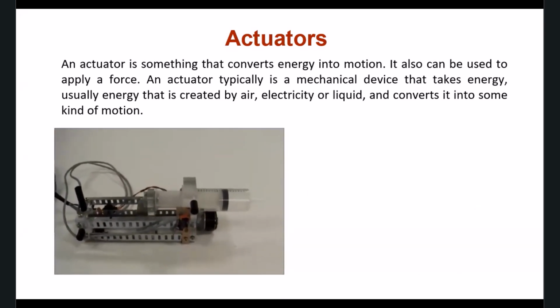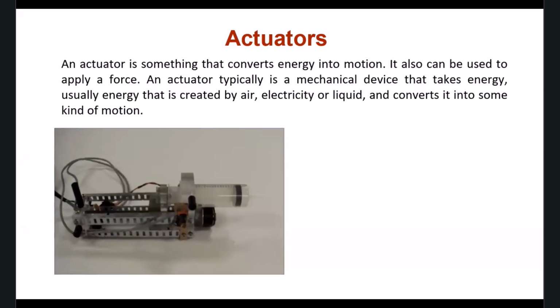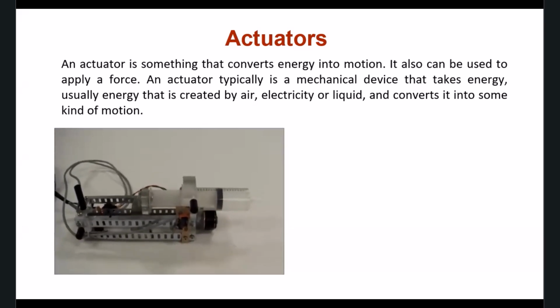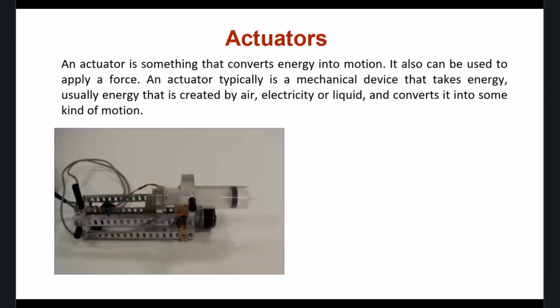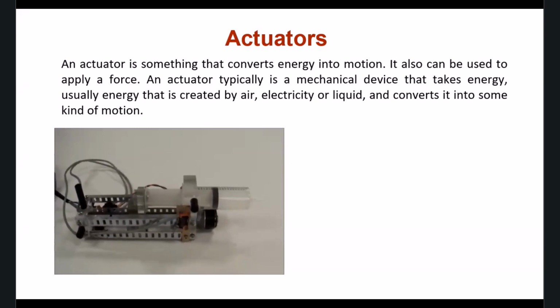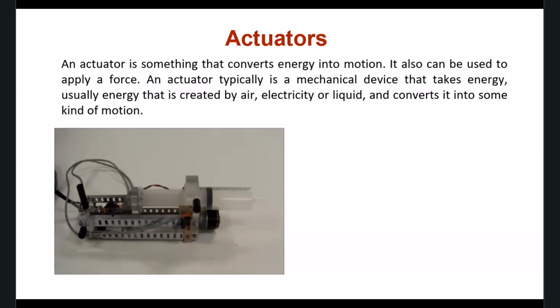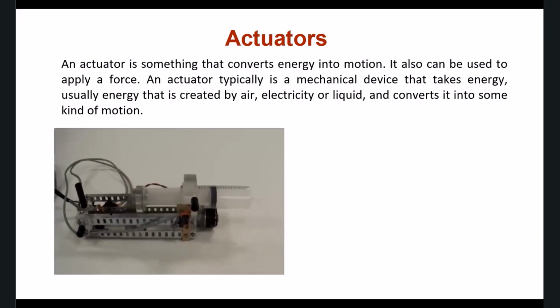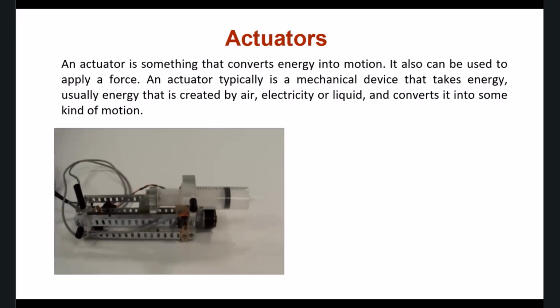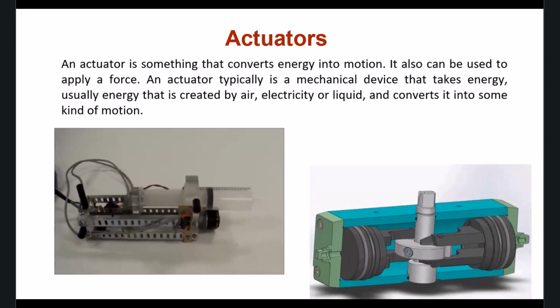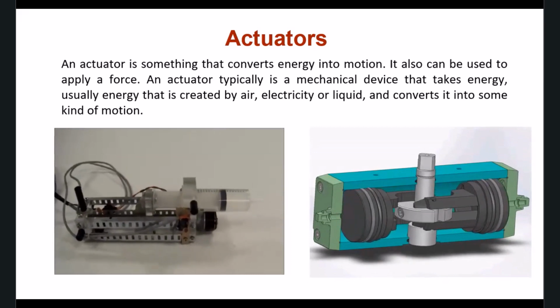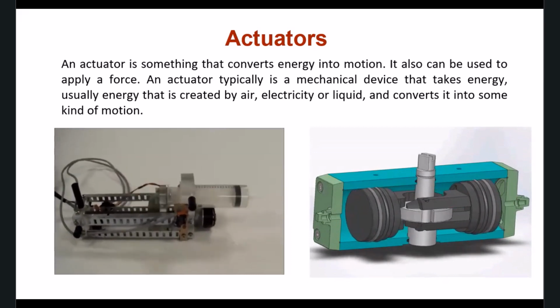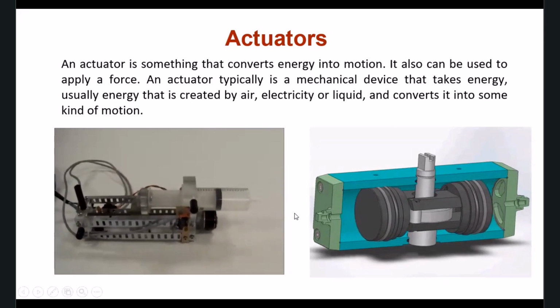An actuator typically is a mechanical device that takes energy, usually energy that is created by air, electricity, or liquid, and converts it into some kind of motion. So you can see this picture here. These types of devices which convert one form of energy into motion are called actuators. See the second one. And these are normally mechanical devices, not electrical devices.